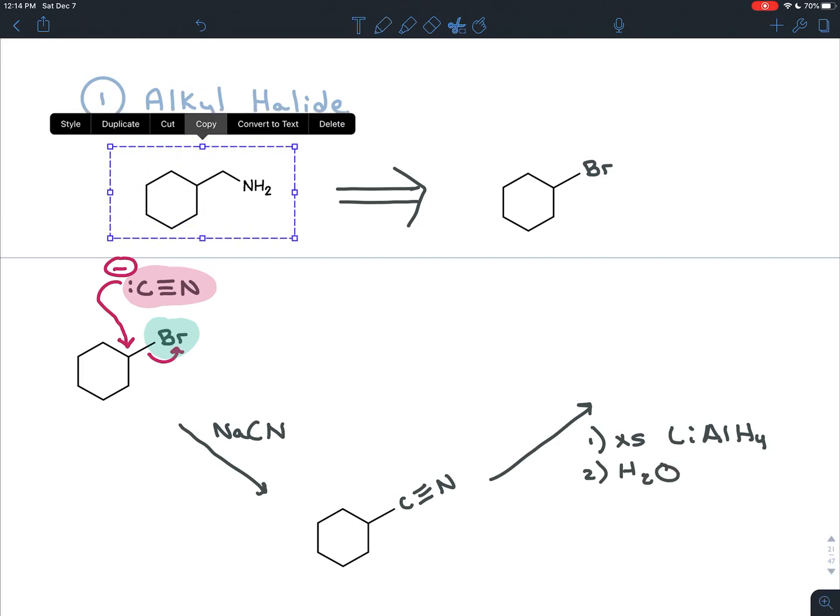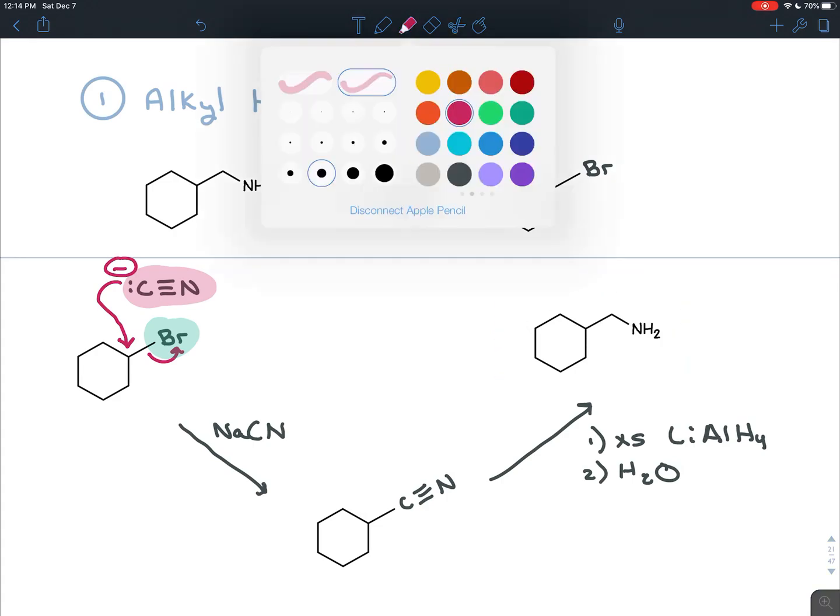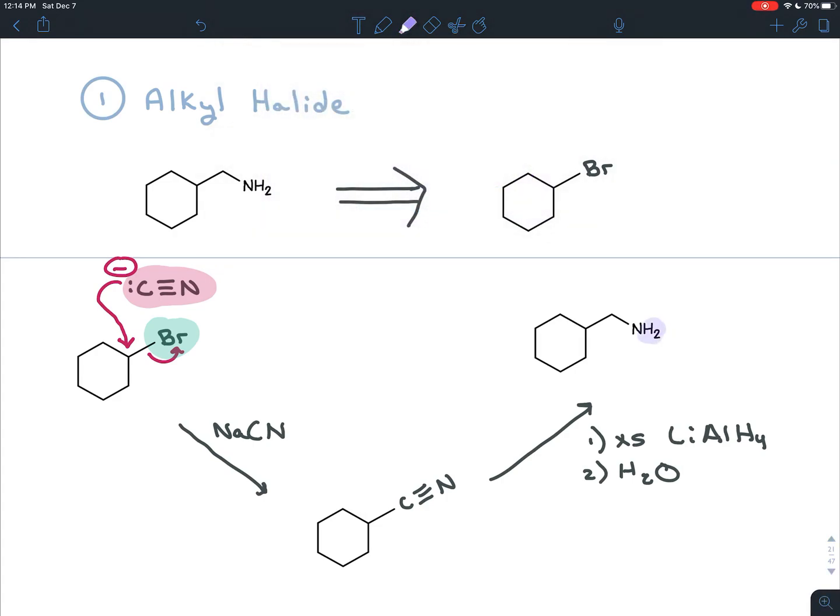And what we'll end up with is the molecule that we want. The hydrogens bonded to the nitrogen and also bonded to the carbon there come from the lithium aluminum hydride hydrogen nucleophile and from water also.